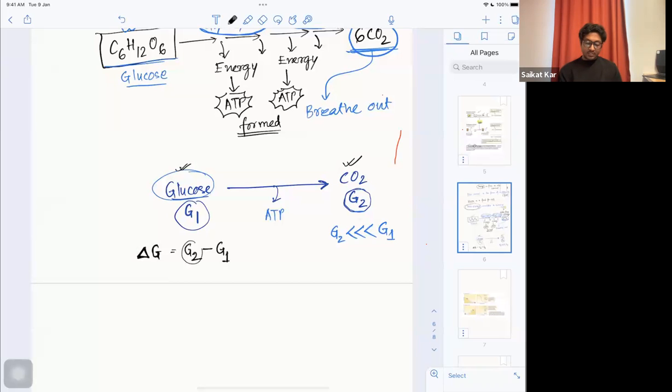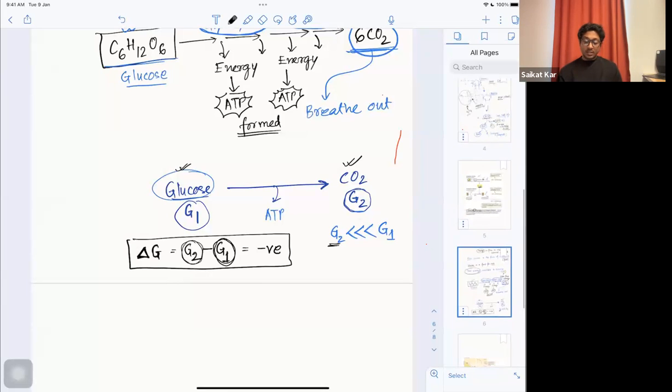As the product is so low, if we subtract a large number from a small number, what should happen? It should be a negative number, because this is small and G1 is large. So del G is negative.